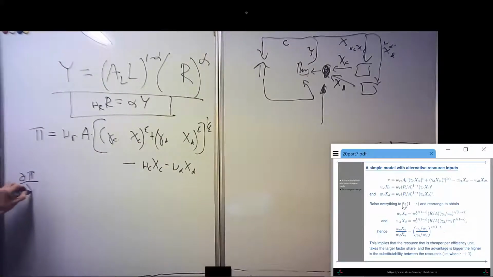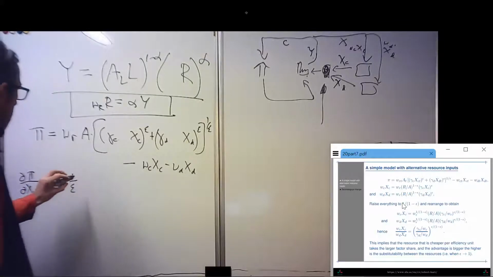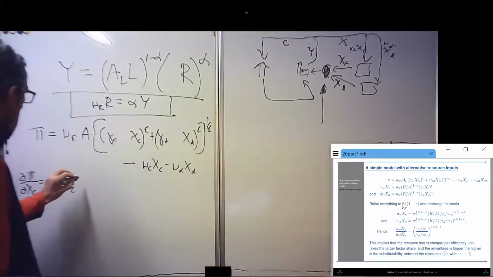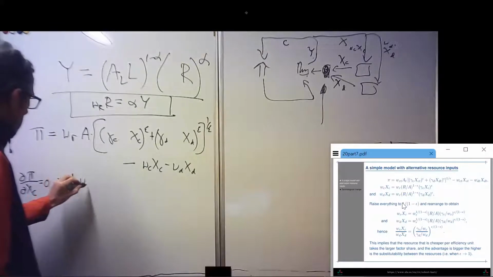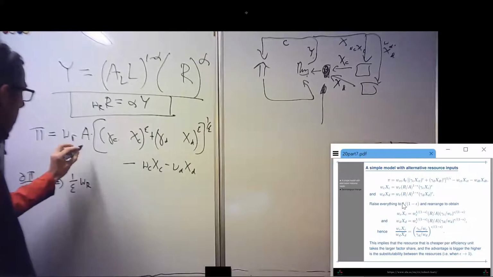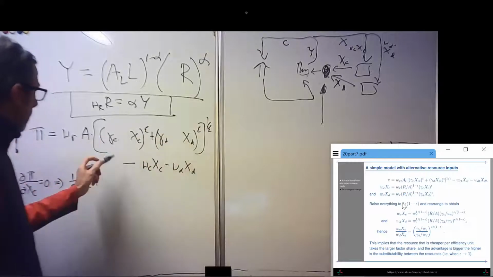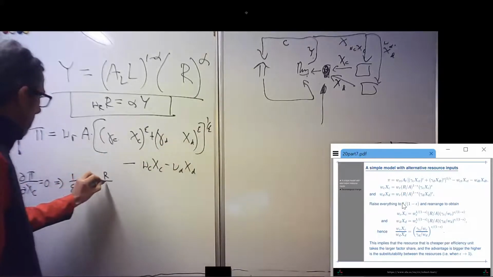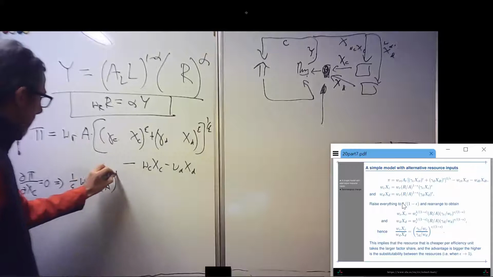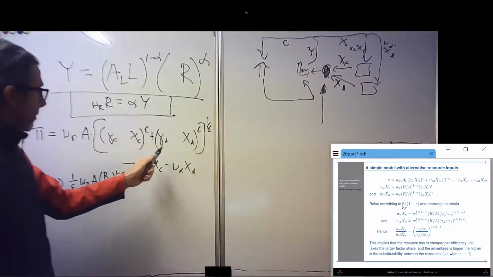If d pi dXC equals 0, therefore 1 over epsilon, WR, A, then this square bracket thing, that's R over A, the square bracket term to the 1 over epsilon.